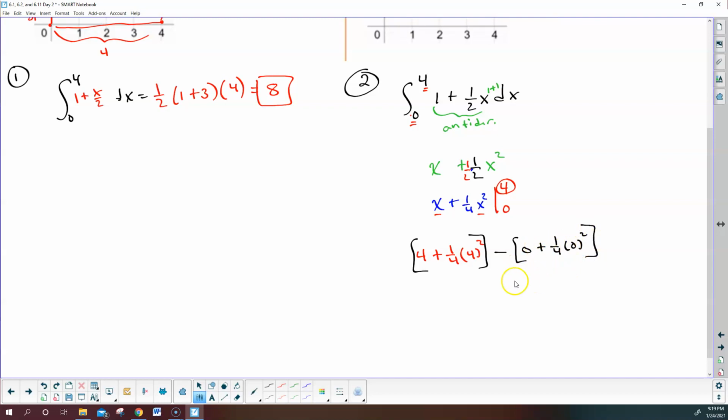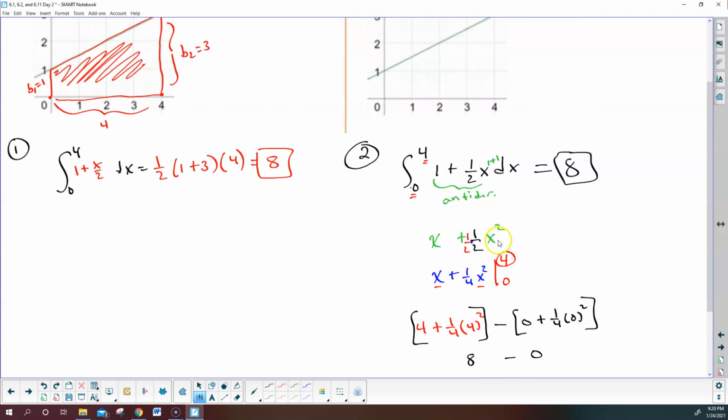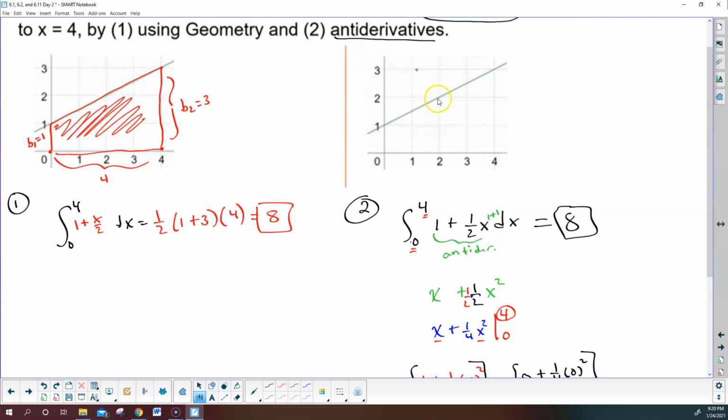Well, that whole thing is 0, so that's not going to change it. And 4 squared is 16. 16 times 1/4 is 4. 4 plus 4 is 8. Notice I get the exact same answer graphically as I do using the antiderivative, so I don't even need a graph. That's a big connection that's coming up really soon.